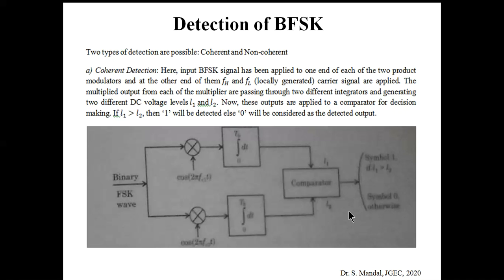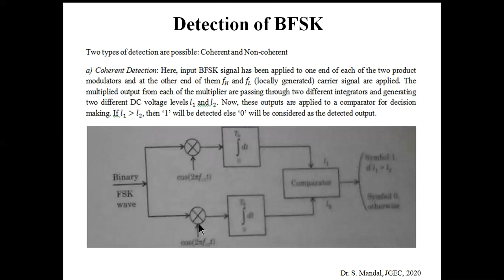In case of coherent detection, we know that the total process is synchronized. That means in the receiver section, the frequency of the corresponding carrier signal is known to us, and we can locally generate this carrier signal, FH and FL. You can see that the BFSK signal has been applied to one end of each of the two product modulators.